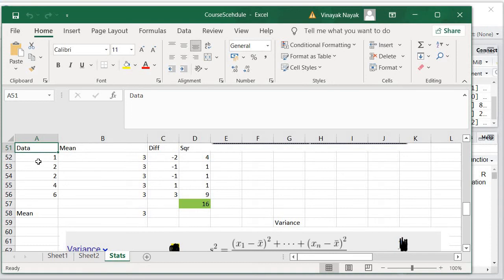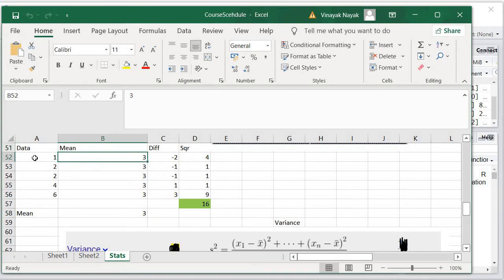In this case, this is our data. Our sample set of values are 1, 2, 2, 4, 6. So the first step is that we will consider this data as x: this is x1, this is x2, this is x3, x4 and x5.